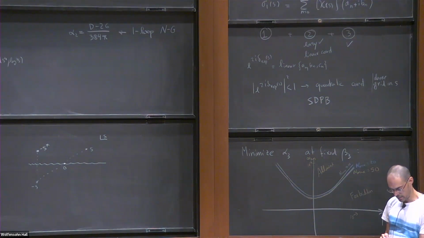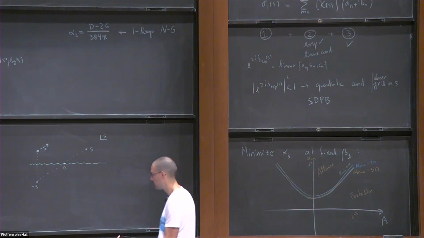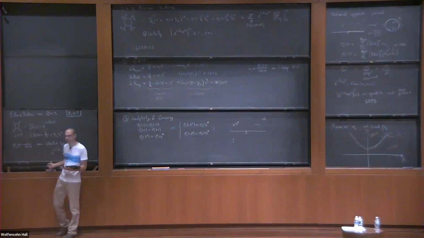Okay, so what's the best way to describe this? Let me first discuss what a resonance is. What do I mean by a resonance? Because that's one of the things one can read off in these extremal solutions.